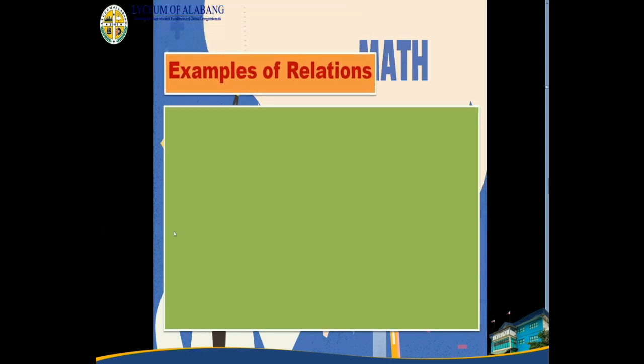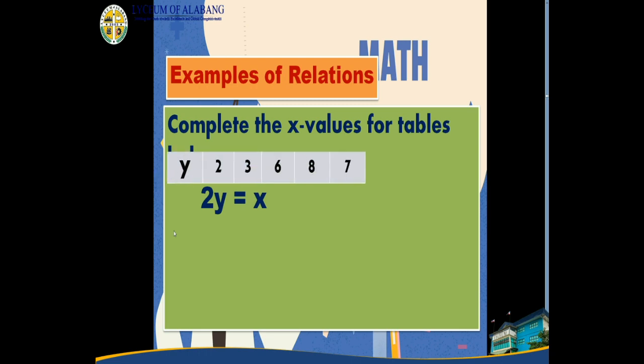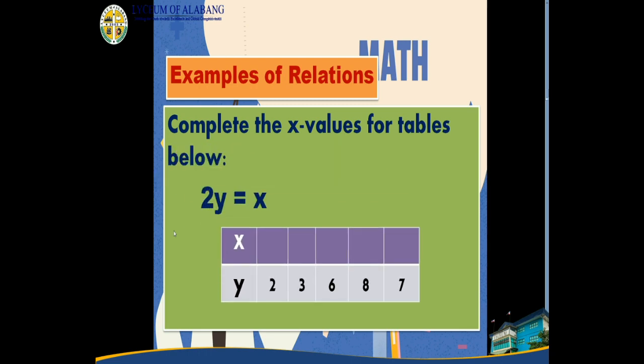Next, examples of relations. Direction. Complete the x values for the tables below. Given 2y equals x, the y values are 2, 3, 6, 8, and 7.